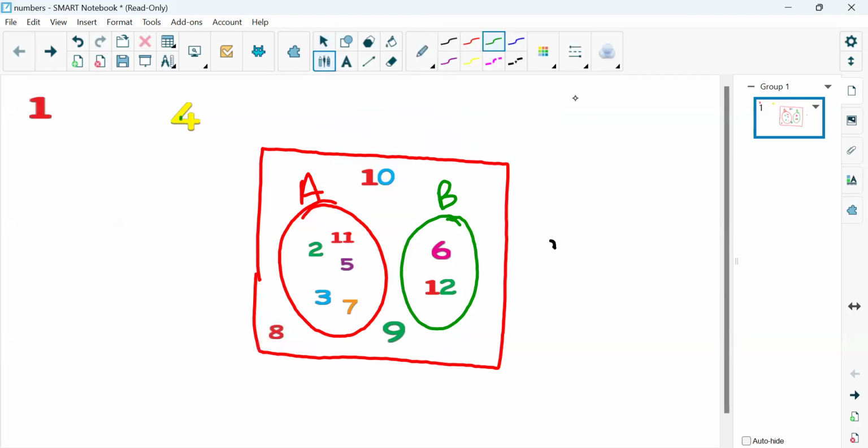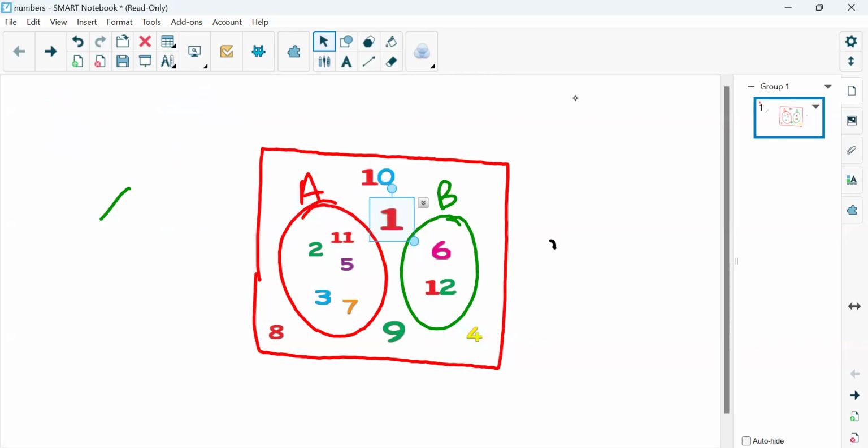It doesn't necessarily mean which order they need to be in. And then 1. This one is showing the actual outcome. And then outside here we have S. Any questions?